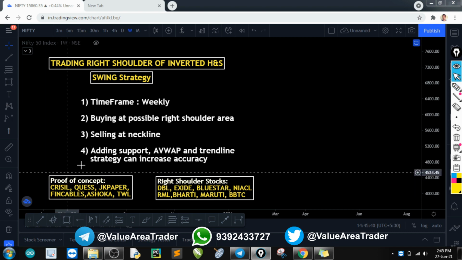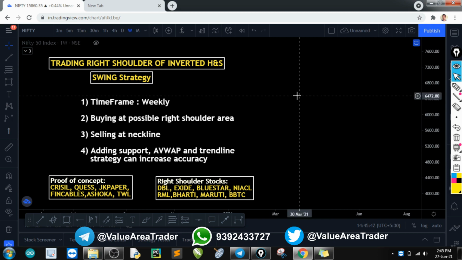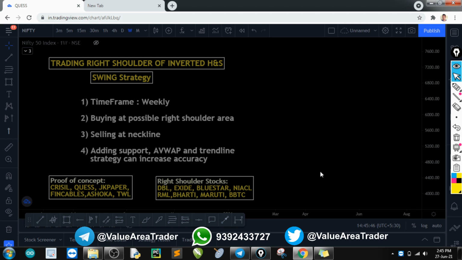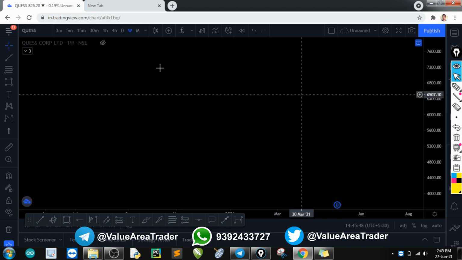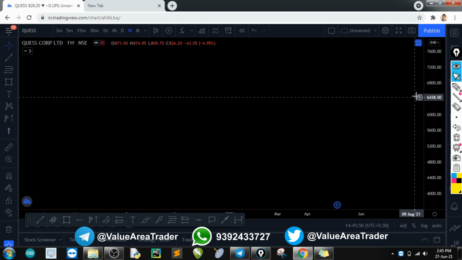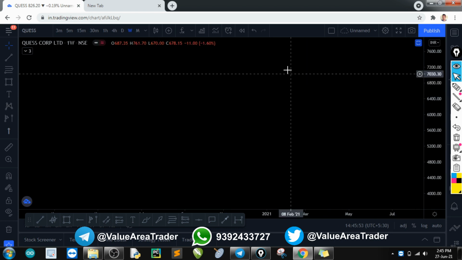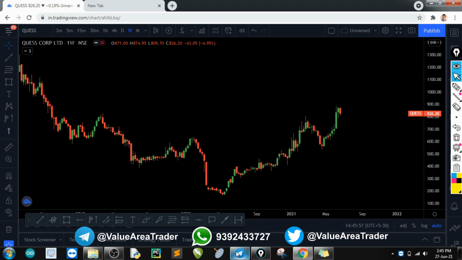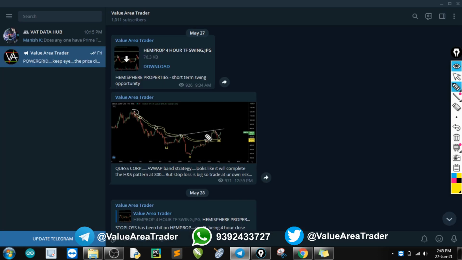Starting with, let's say, Quess Corp. I think Quess Corp is a stock which I did share. I'll just reset the chart. If you go to Telegram, this is the part where I shared about Quess Corp.